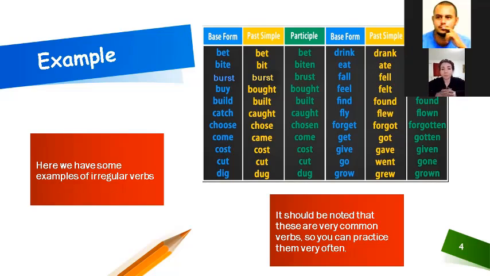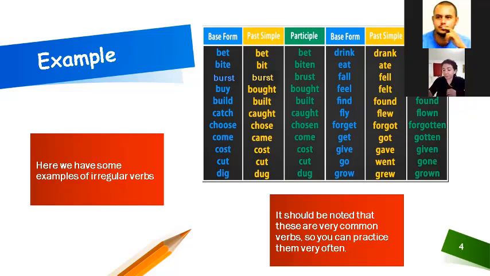But today we're going to focus on the conjugation of the irregular verbs, okay? So let's take one more example. The verb eat, the base form eat, the past simple form ate, and the participle eaten.